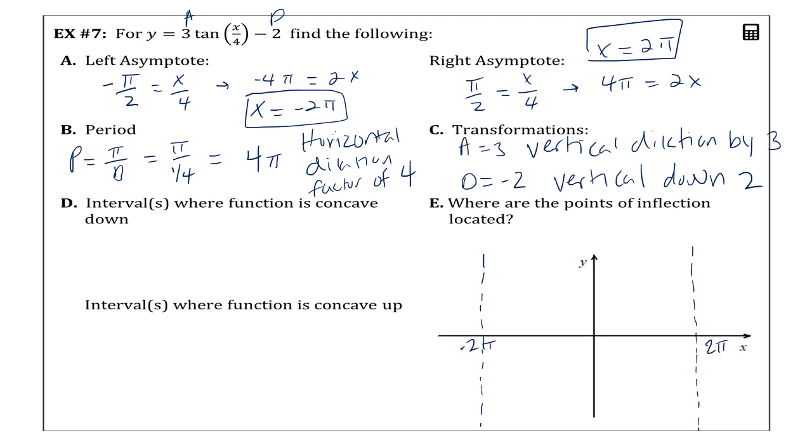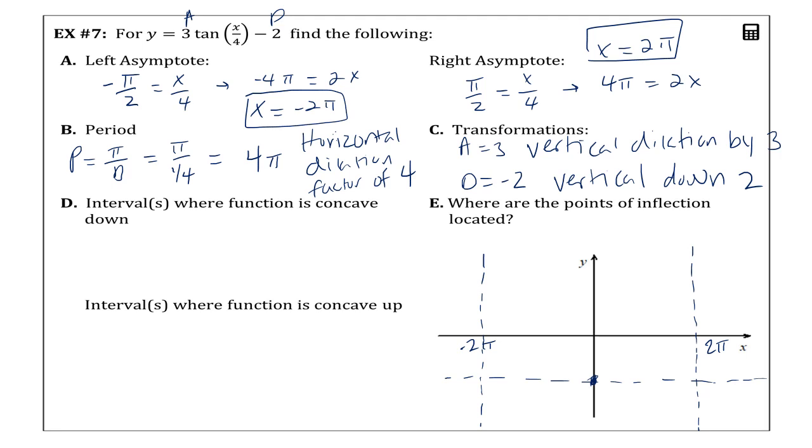Positive 2 pi. Our halfway point is going to be at 0. But we have a vertical dilation. So our midline is going to be at 2. So we're going to let this be our midline, or another invisible line. So we're going to be here at 0, 2. Okay?